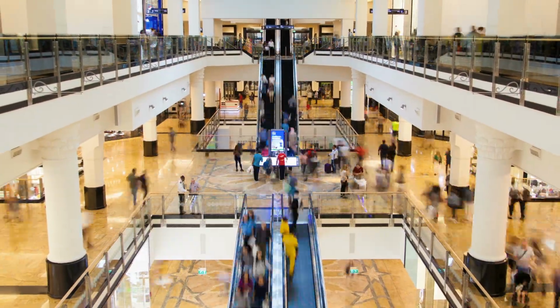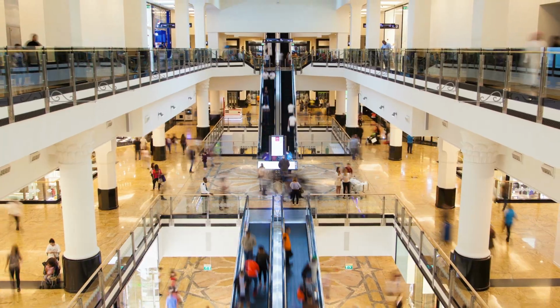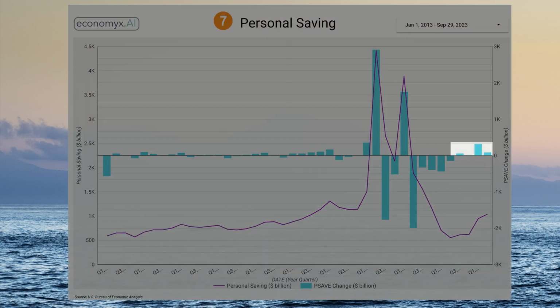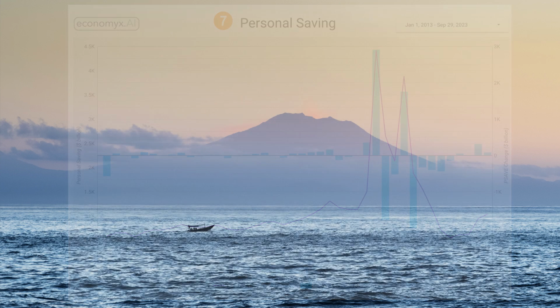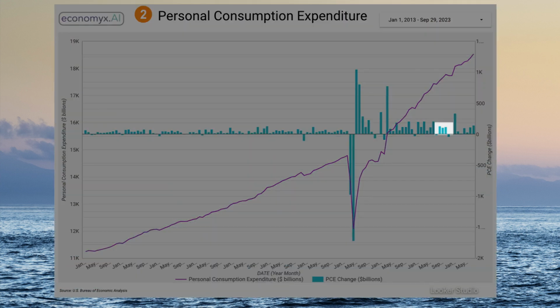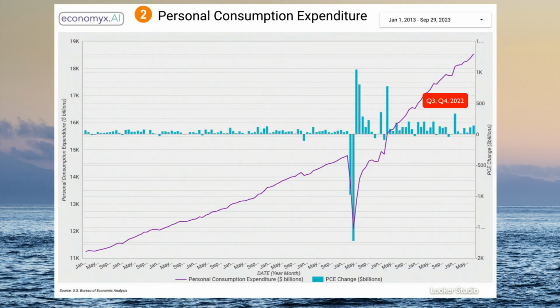Again, what's the reason? Do people keep on spending? Then starting in Q3 2022, the savings rate returned to almost exactly the same as it was from 2013 to 2019. The PCE chart also shows that spending habits had returned to normal, pre-2020 levels.